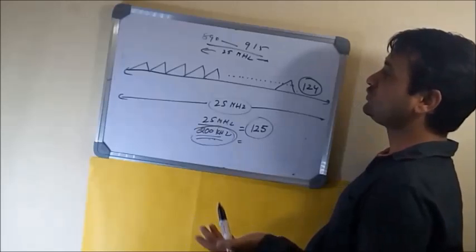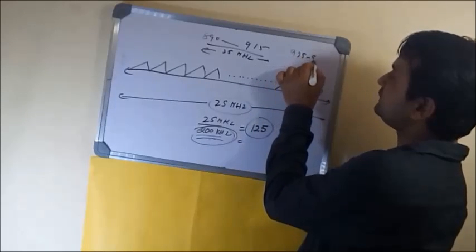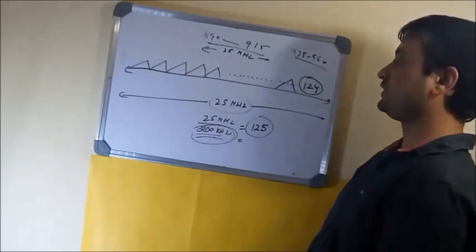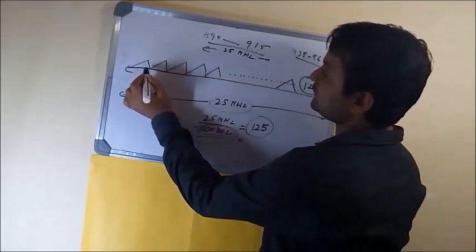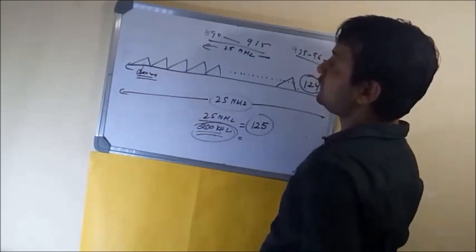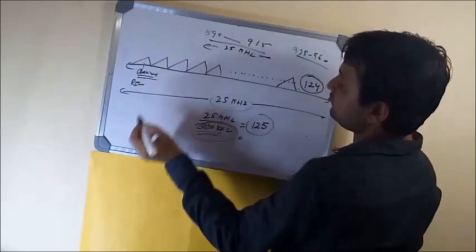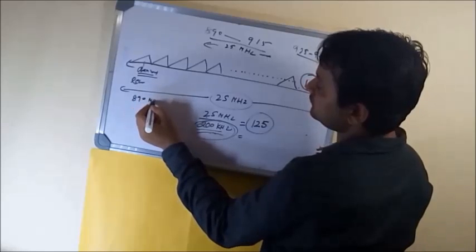At the same time, in the 935 to 960 band, there are also 124 channels for the receiving operation. Let us assume there is channel number 1, a transmitter using the first frequency, let us assume 890 megahertz.